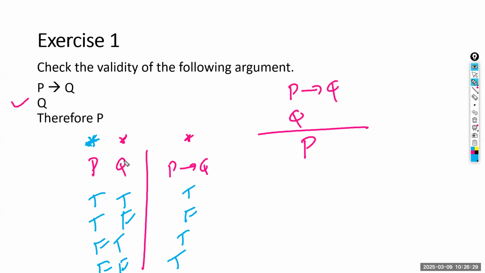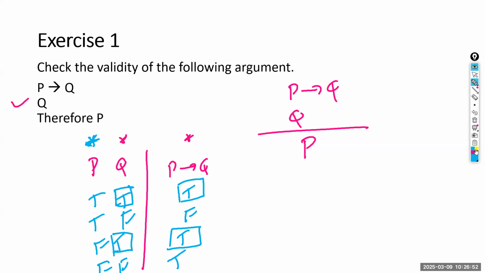Right. So whenever all the premises are true, do we have such a scenario? Yes, here the premises are true. And we have another one. In all the places where all the premises are true, if the conclusion is true, that is valid.